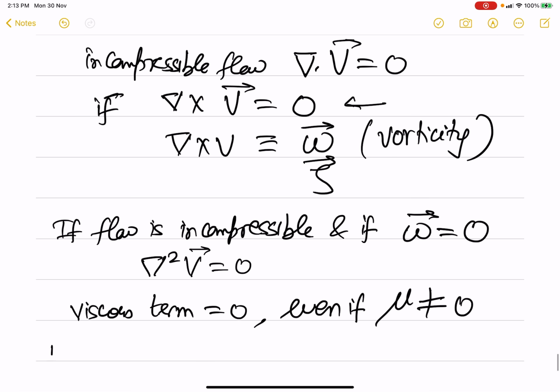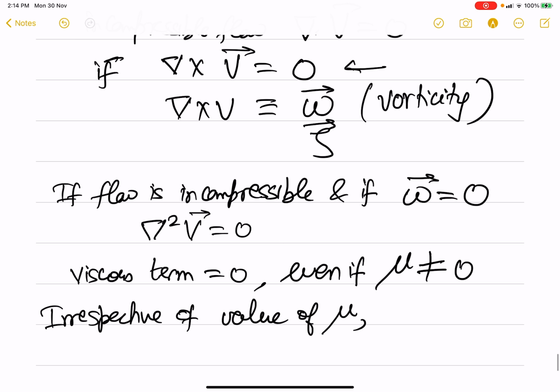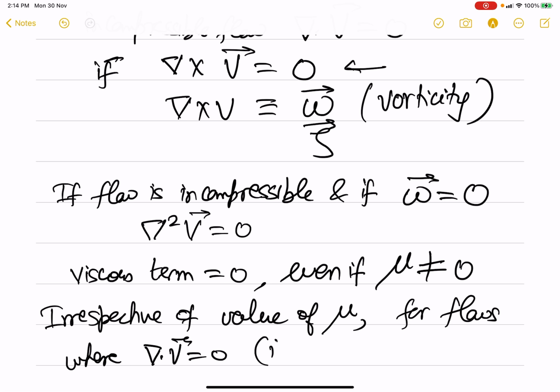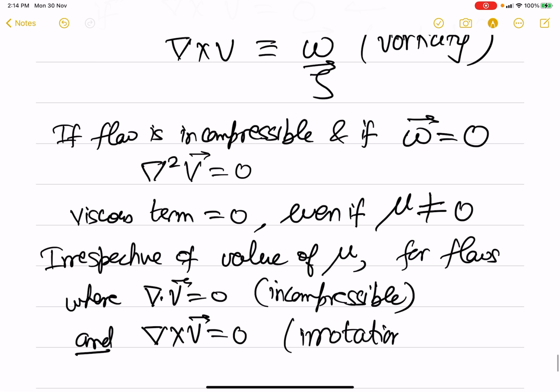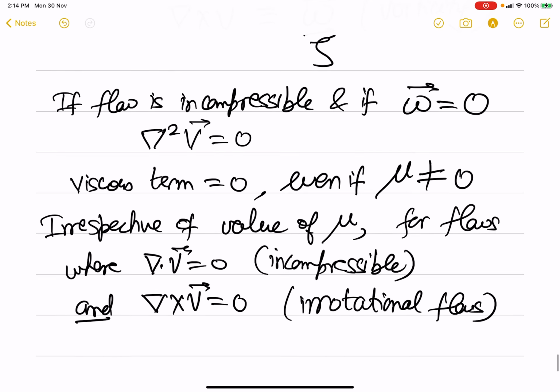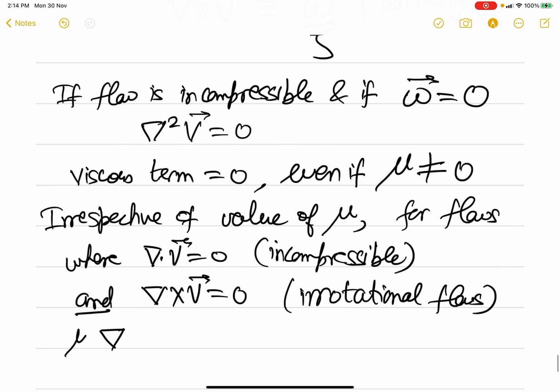So irrespective of the value of mu, for flows where del dot V is equal to 0, and this we know happens in incompressible flows, and at the same time del cross V is equal to 0, which we will call irrotational flows, the viscous term mu del square V is 0.